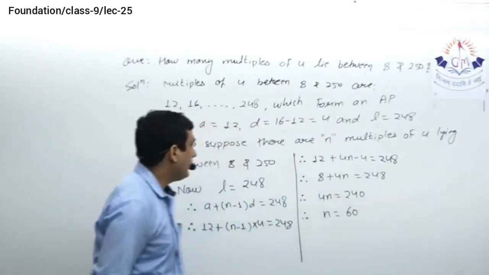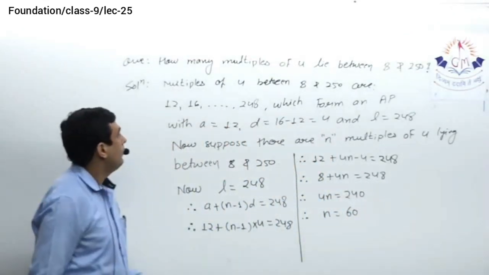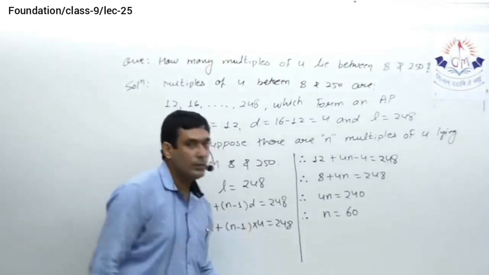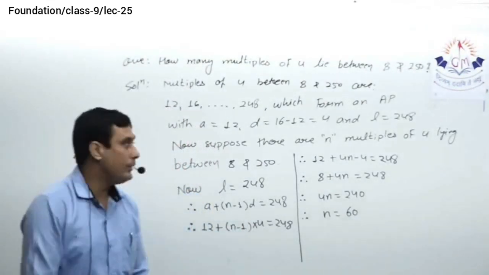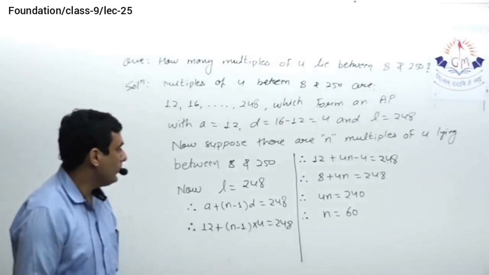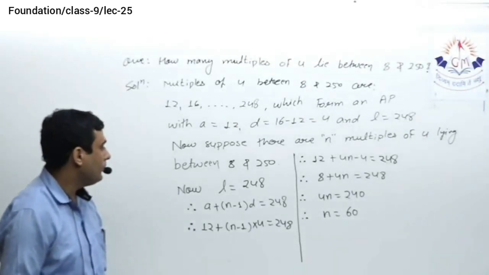So there are 60 terms which lie between 8 and 250, as well as being multiples of 4.